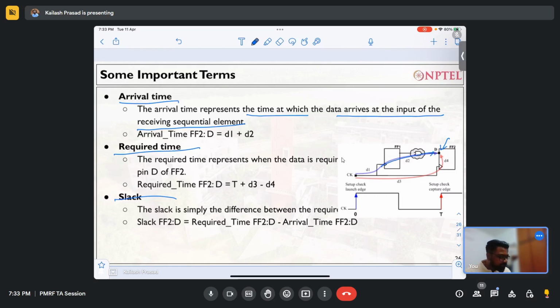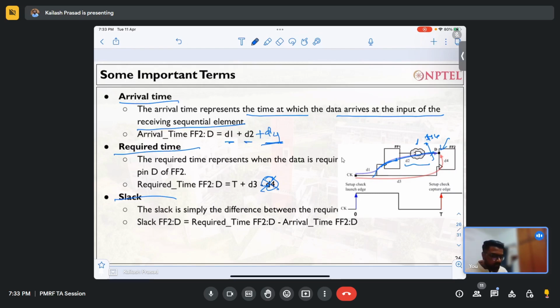It is D1, so clock to Q, plus D2, the logic delay, and it should also include the setup, TSU. So arrival time is T clock to Q plus T logic plus T setup.